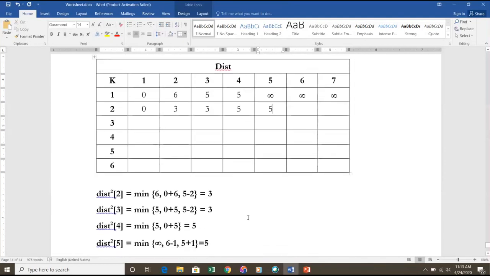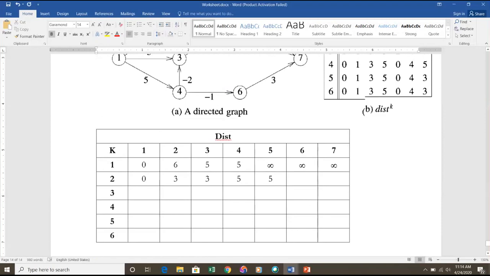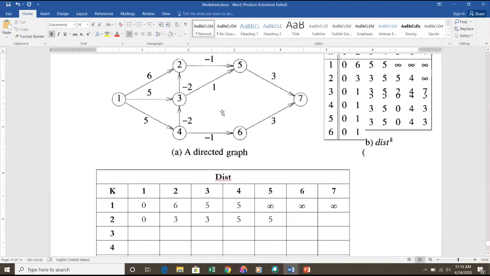The distance of 6. Let us see how to calculate the distance of 6. It is equal to min of, what is the distance of 6 in the previous step? It is infinity. Then see which are the edges that are incident on 6.